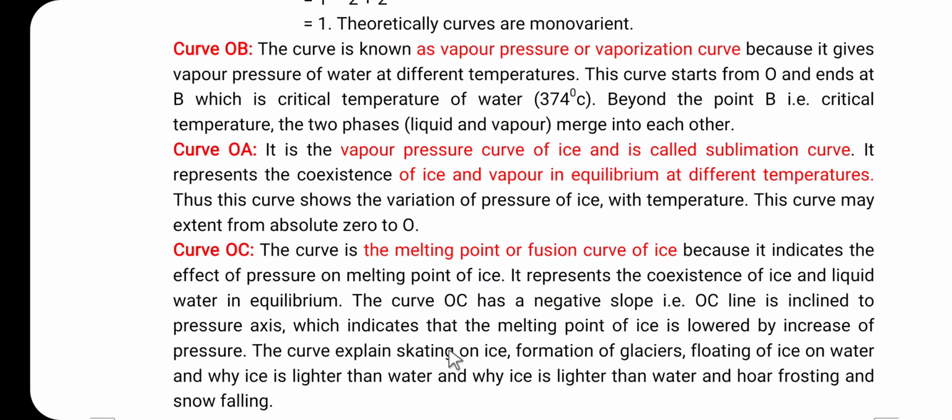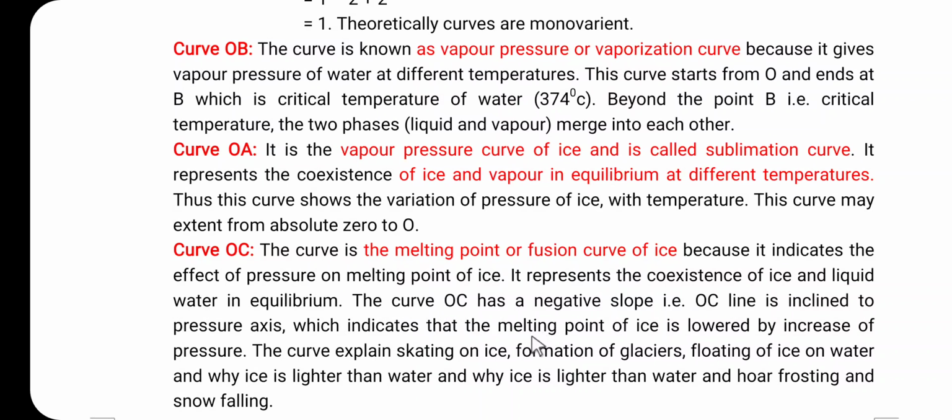Then curve OC. The curve OC is the melting point or the fusion curve of ice because it indicates the effect of pressure on the melting point of ice, and it represents the coexistence of the ice and the liquid. That means these two phases, ice and liquid, are in equilibrium.